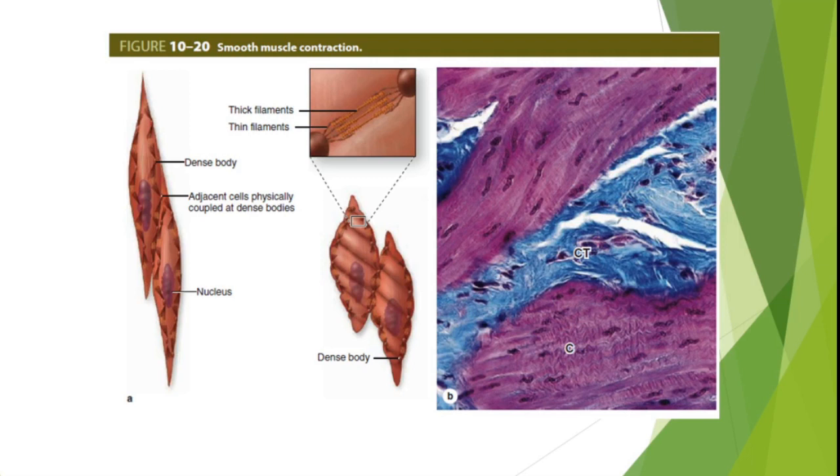The thicker myosin filaments are 15 nanometers in diameter, and we have the so-called intermediate filaments, which are 10 nanometers and generally contain desmin. The sarcoplasmic reticulum is rudimentary. The T tubules are absent in the smooth muscle fiber. During contraction, the borders of the cell become scalloped and the nucleus distorted.